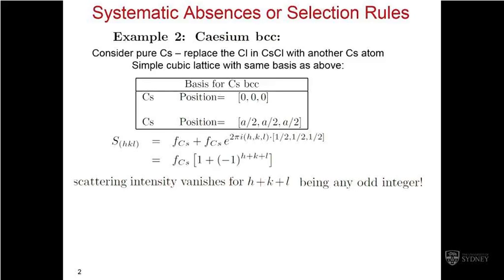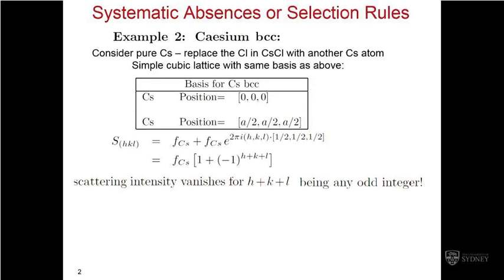This is important because it means that for the body-centered system, you won't see a diffraction spot when H plus K plus L is odd. This is like a selection rule, a fingerprint of the body-centered cubic structure, if you like, and we'll see that a bit later on as we go through.